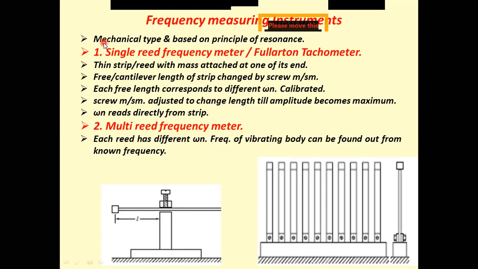The first instrument is the single reed frequency meter, which is also called the Fullerton tachometer. This is the first instrument used for measurement of frequency. The second instrument is the multi-reed frequency meter, also called the Graham tachometer.